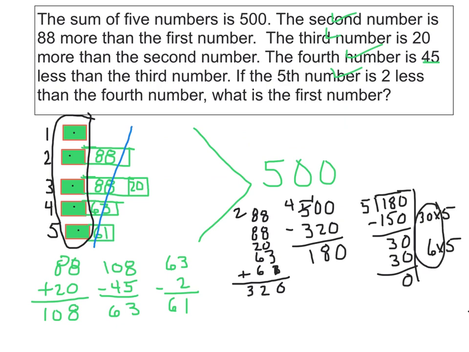And so I have 36. So that would give 36 inside each box. So my question was, what is the first number? And the first number is 36. Whew, that was a good one.